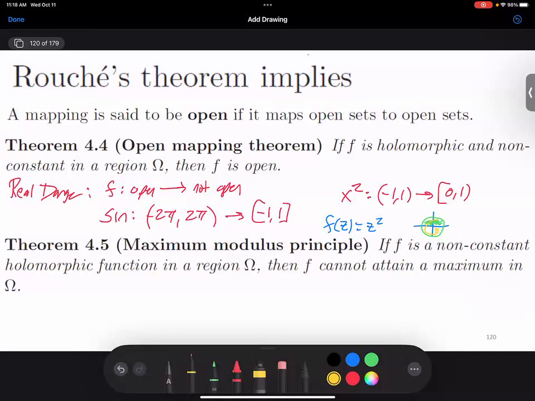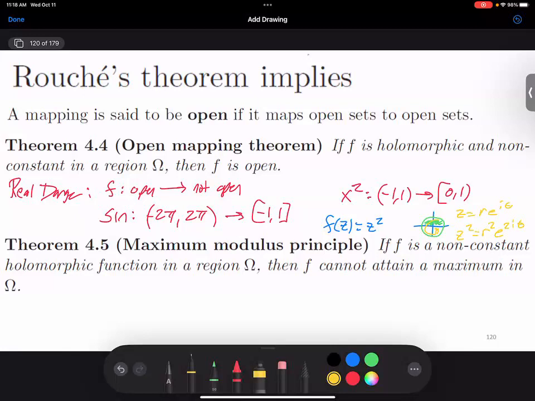If I write z as r e to the i theta, then z squared is r squared e to the 2 i theta. So the upper half disk, when I square things, I'm doubling the angle, goes all the way and covers everything.